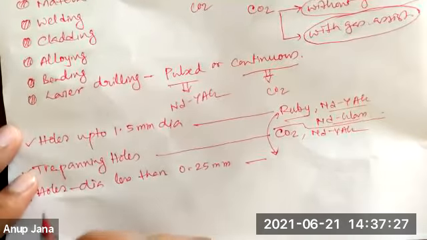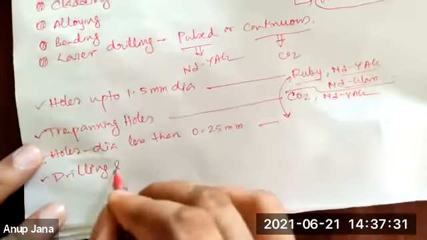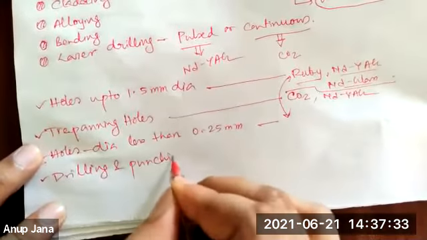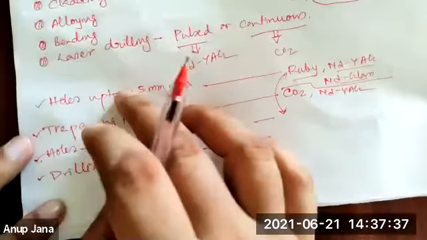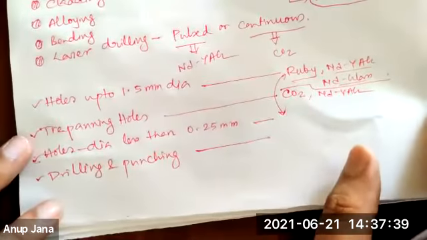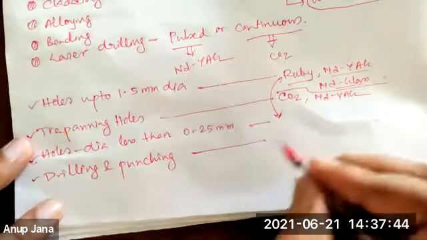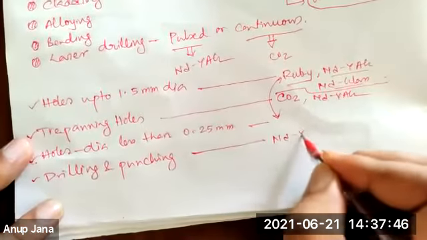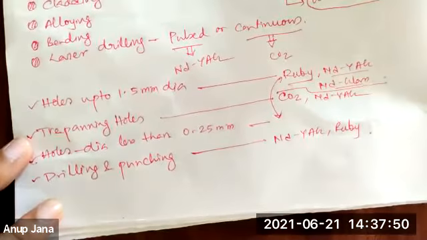But drilling and punching, this is a very important part. It may come in exam. So everyone note down. For drilling or punching operation, we use only NdYAG or ruby.